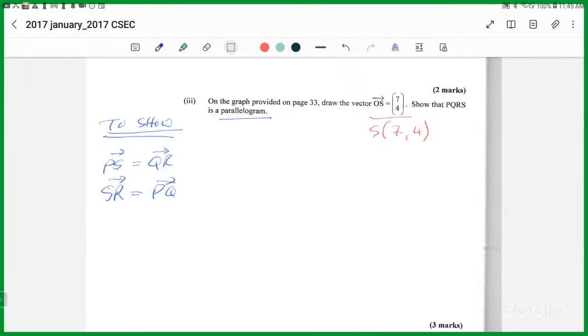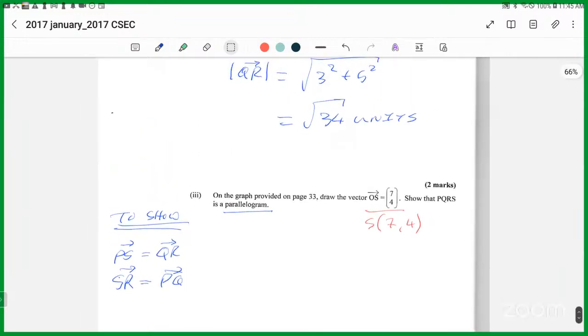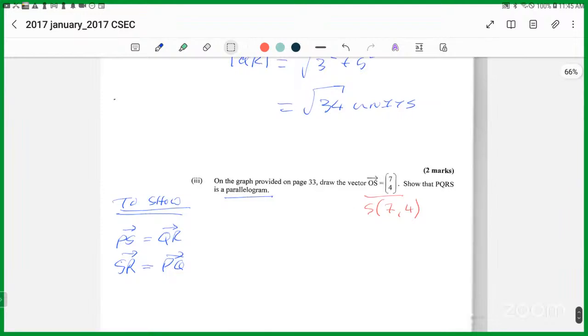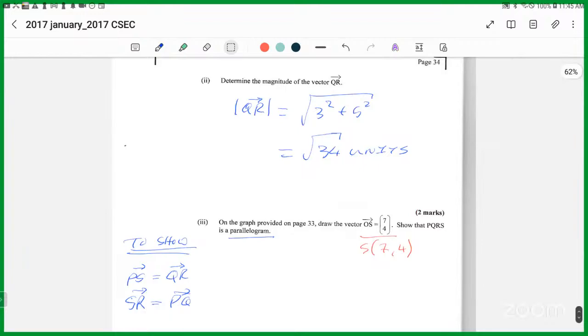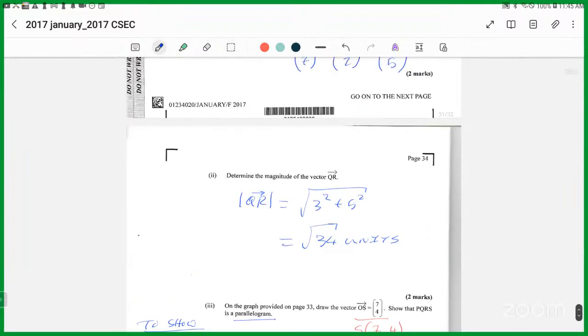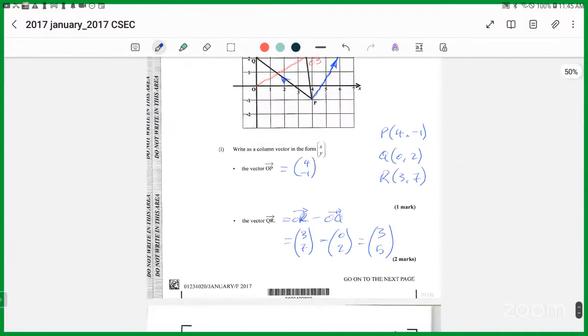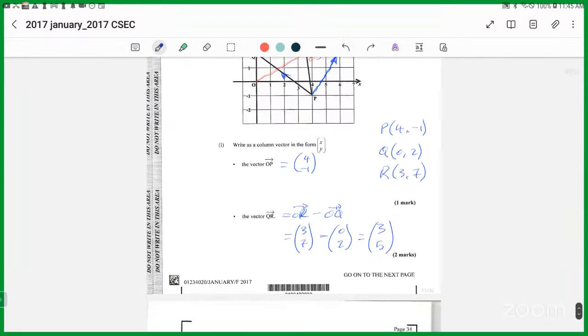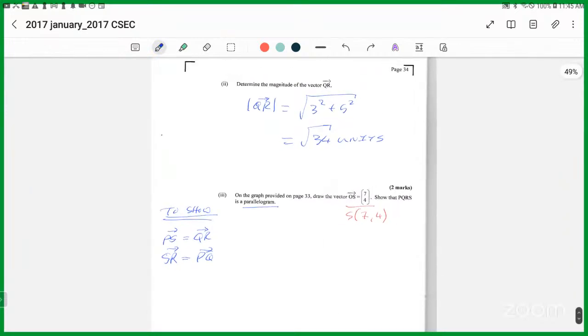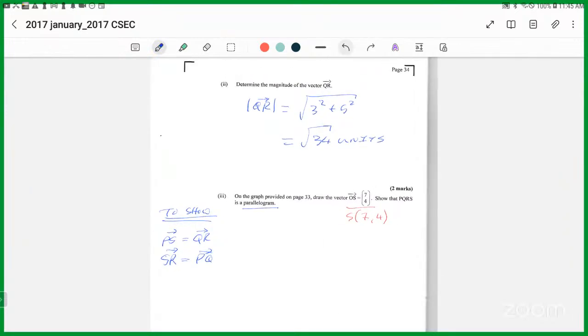Let's copy down some of the vectors that we already know. So we need to show this, right? And we have OS. Let me write down the vectors that we know. So we have these three. We have QR already, it's (3, 5). So we can write that down. QR is already (3, 5).